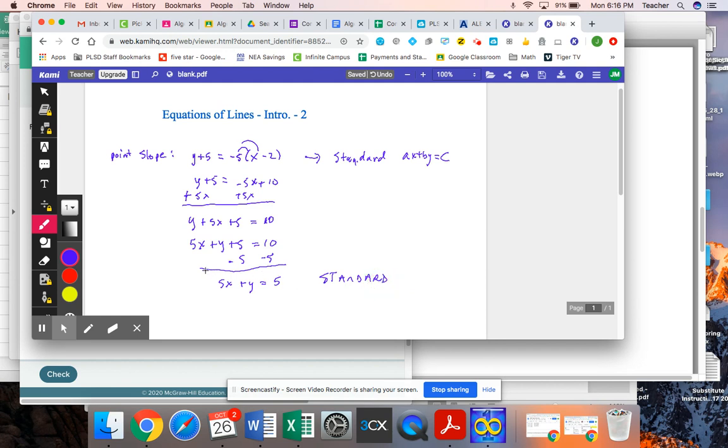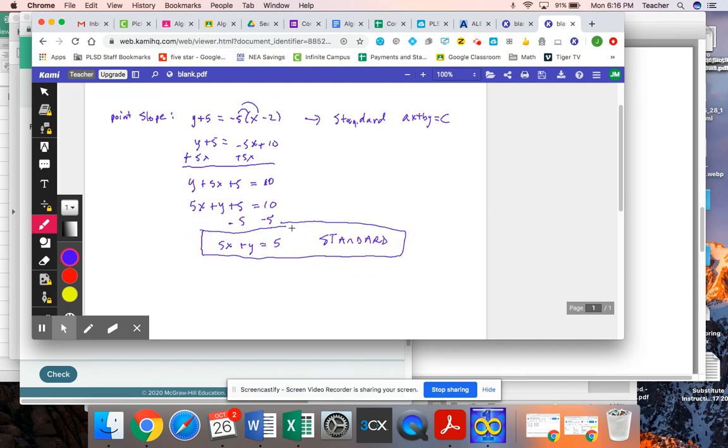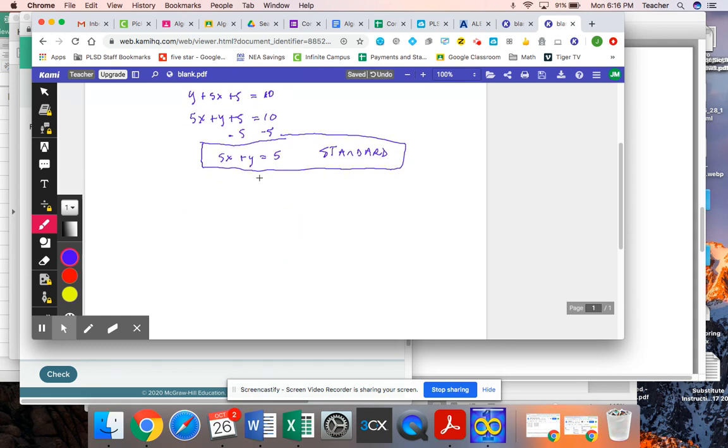All right, so boom, boom, boom, boom. Now I can go even further and put this thing into slope-intercept form. That's just going to take a little bit more algebra, but it's not that bad. If I have this 5x plus y equals 5, remember slope-intercept form is y is equal to mx plus b.